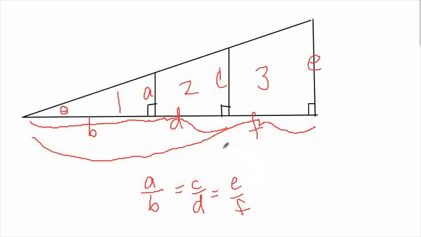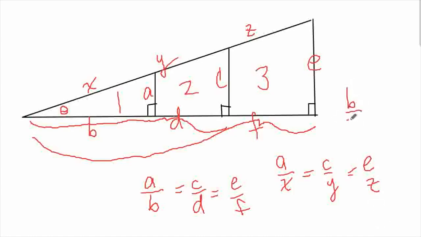Okay? If you measured, let's say, the hypotenuses of these right triangles, you would notice other ratios are the same. A over X, C over Y, E over Z. All right? And likewise, B over X, D over Y, and F over Z. All right?